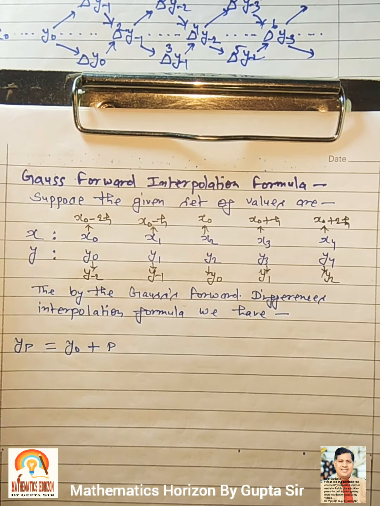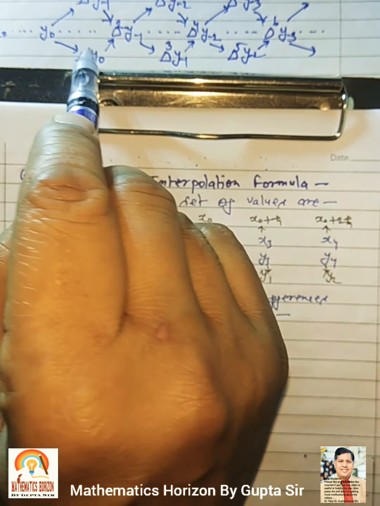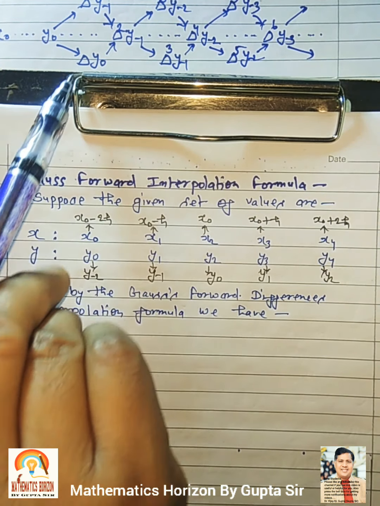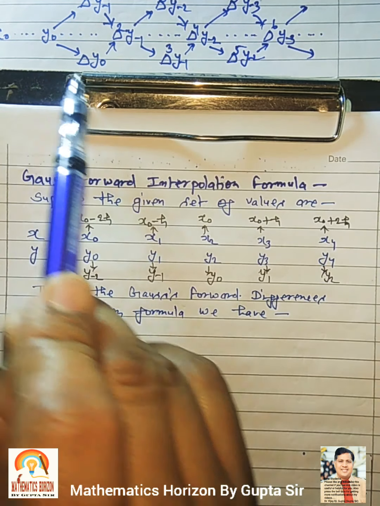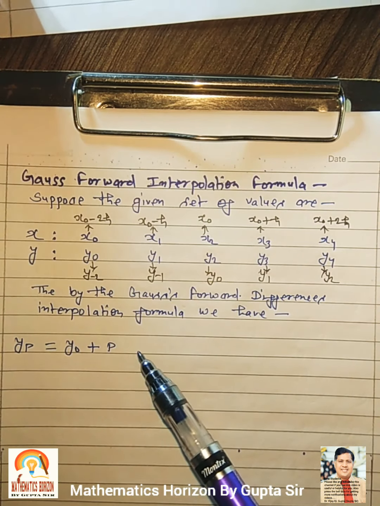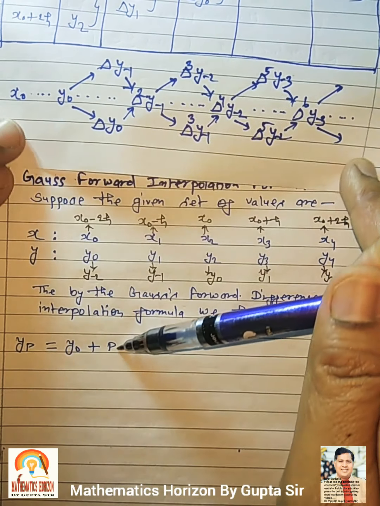see that this central line, y0 plus p del y0, and below this center we are using differences, and below the central line we are using these differences.